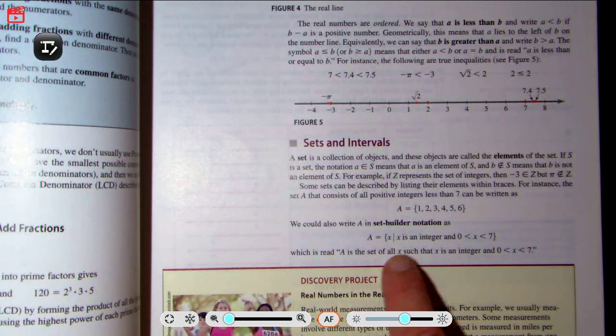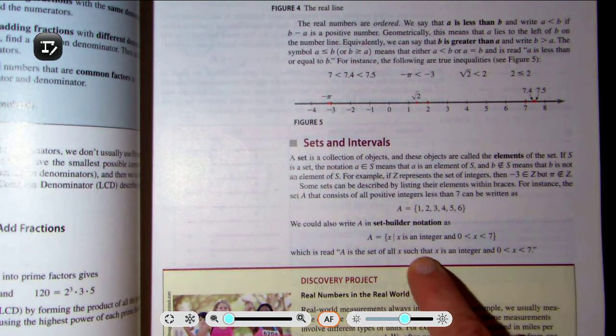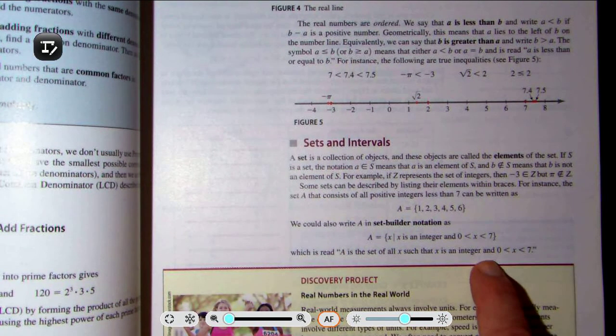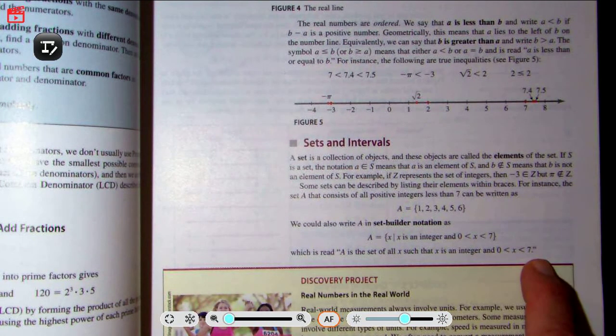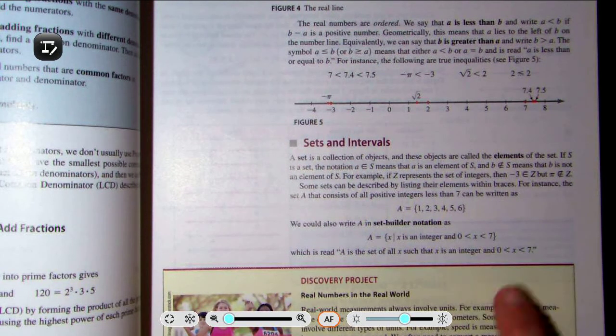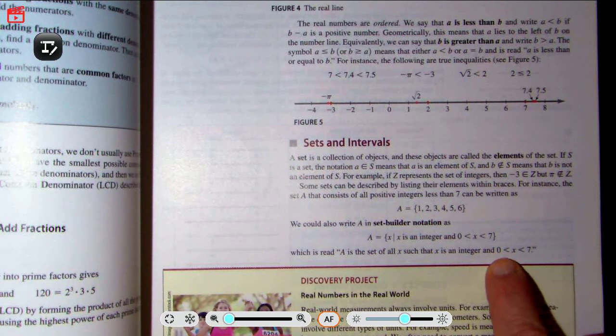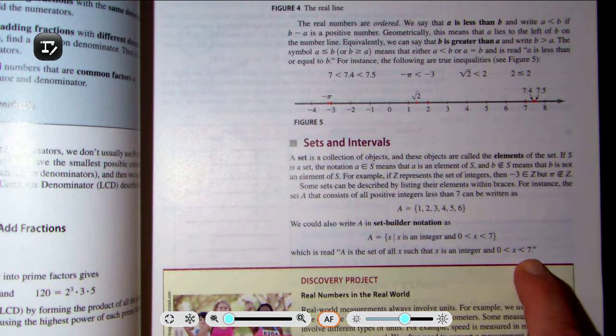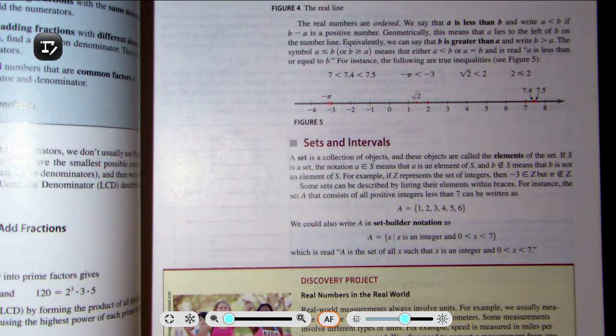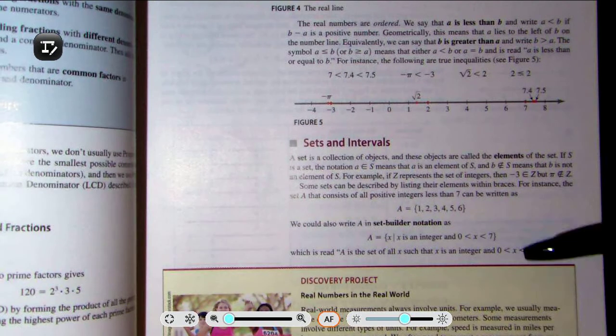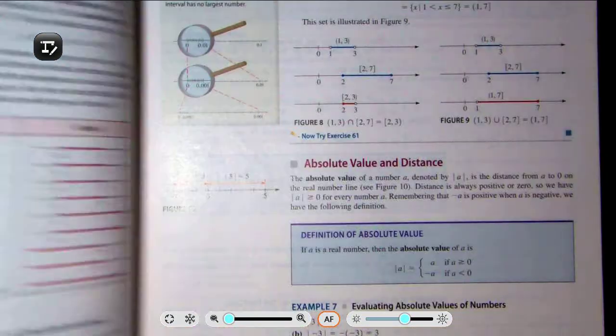The set of all x's such that x is an integer and it's between 0 and 7. Yes, you could have written it as x is an integer and 1 is less than or equal to x, which is less than or equal to 6. So had some inequalities there as well. So there's lots of ways to write sets.